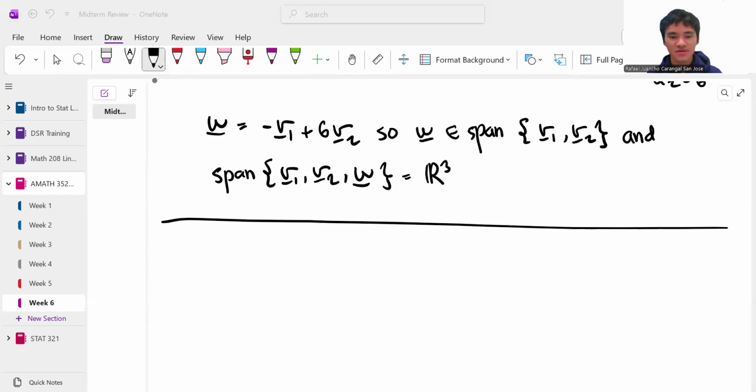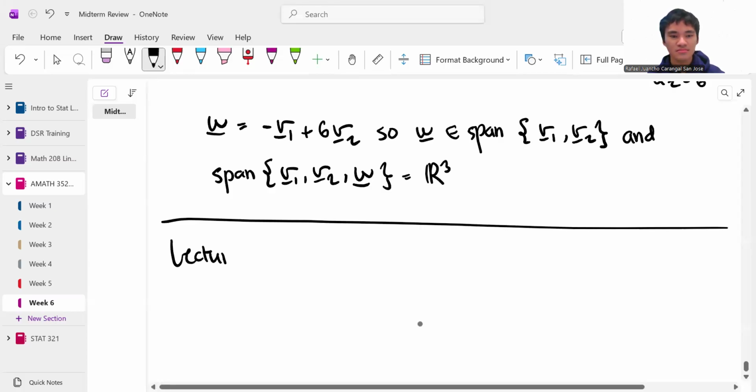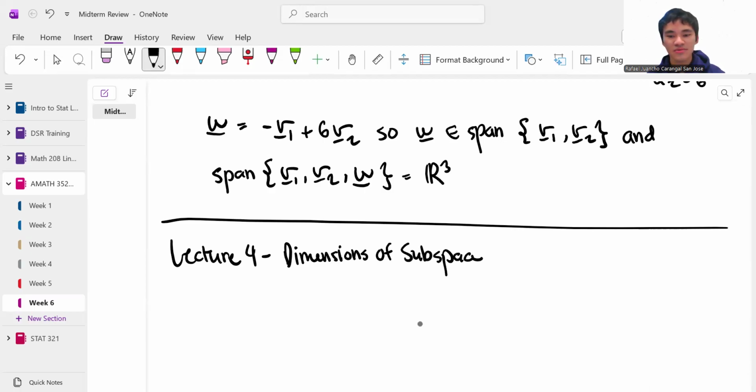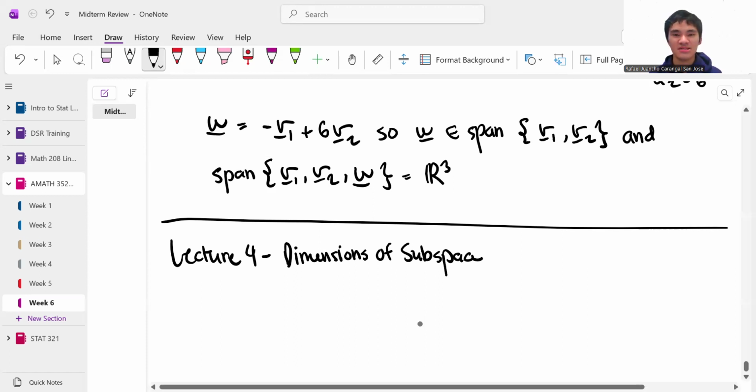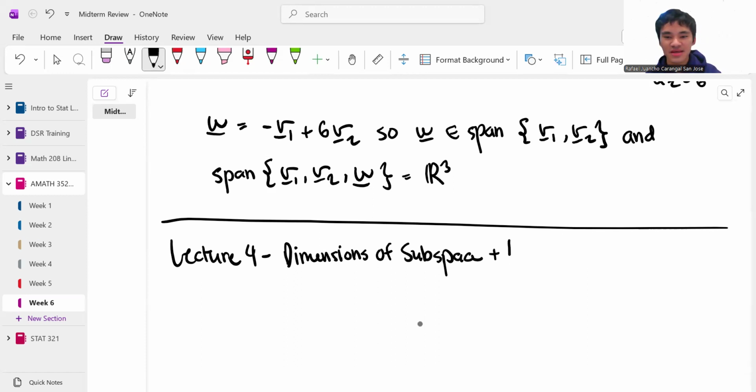So in lecture 4, we're basically going to talk about, so we talked about subspace, but we haven't talked about dimensions of a subspace. And we're going to introduce this new thing, but I think for many of you who have been watching my calculus series, this is not something new. How this relates to inner products. Same thing, we've called it dot products.